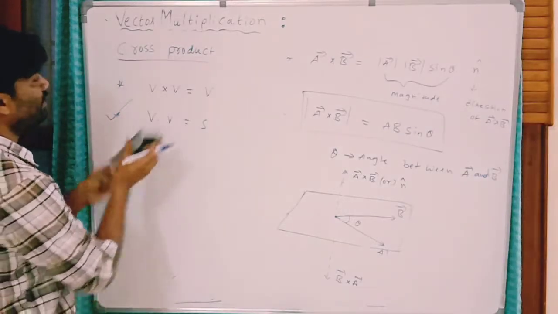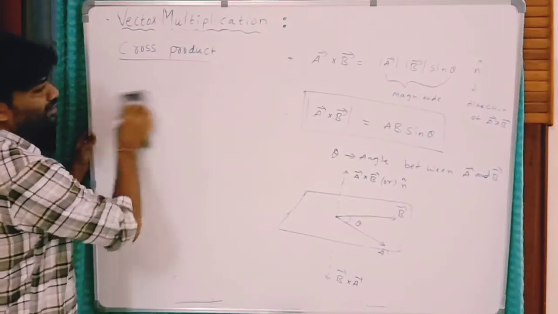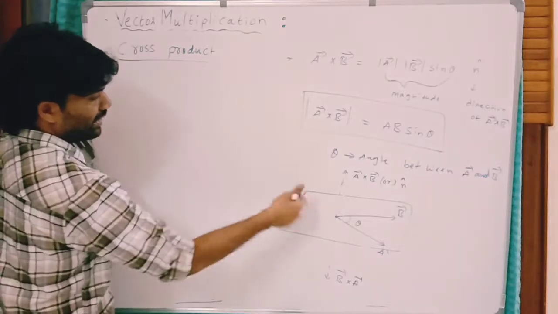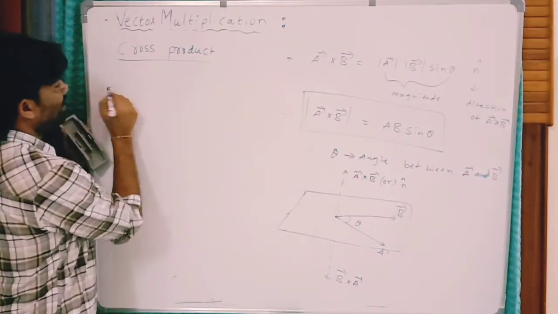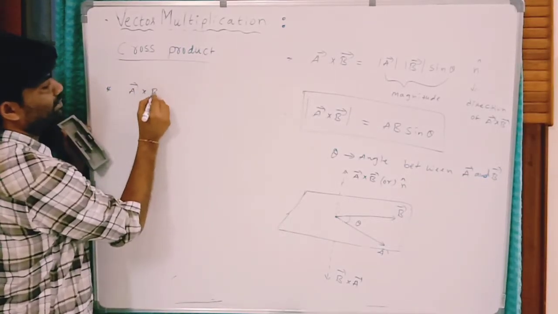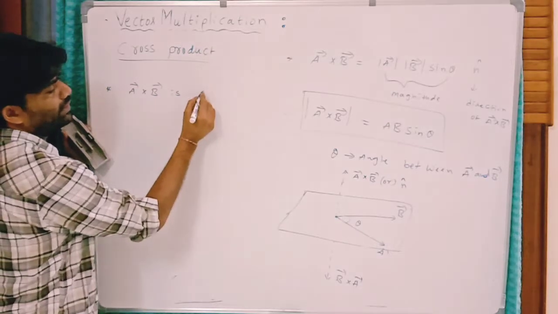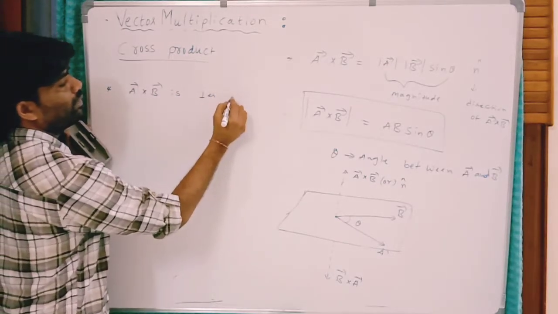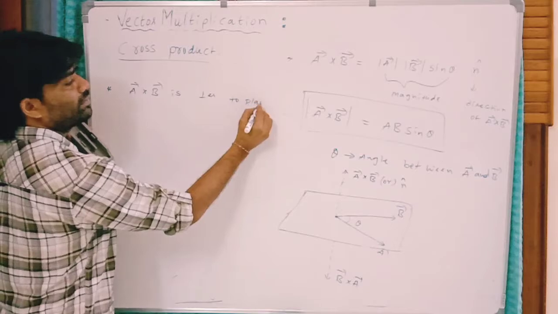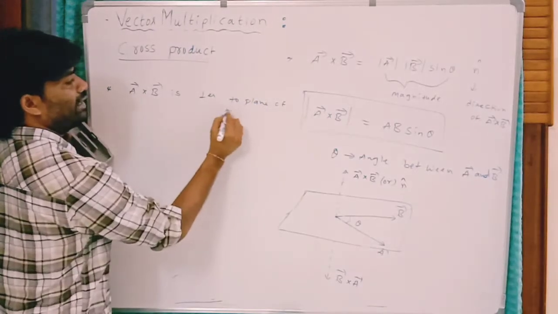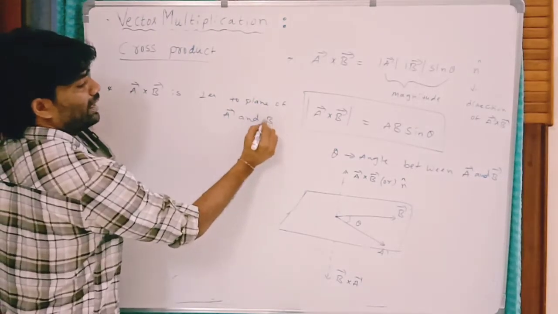From the diagram you can understand. There are many points in this diagram. You can see that A cross B is perpendicular to the plane of A vector and B vector, the plane of A and B.